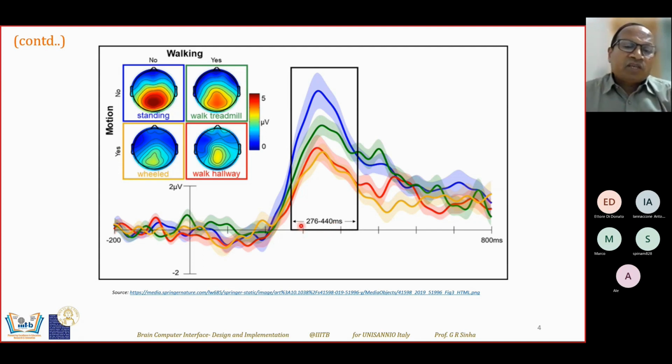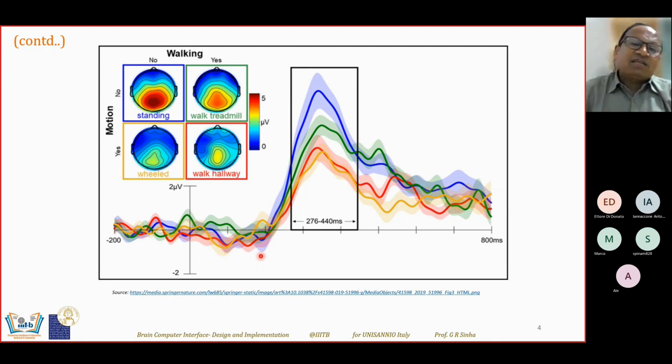So look at here, the timing which is 276 to 440 milliseconds. This is the duration where a peak is coming. And actually, this is a very correct diagram. Look at here that this positive peak is coming. So this is actually the response of the signal generation from the BCI P300 system.